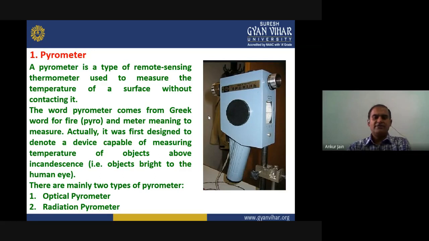But nowadays, after the development of science and research, pyrometers have been developed which can sense objects that are not actually bright to the human eye, but have some temperature. There are two different types of pyrometer: one is the optical pyrometer and the second is the radiation pyrometer. The principles of these two are slightly different from each other.